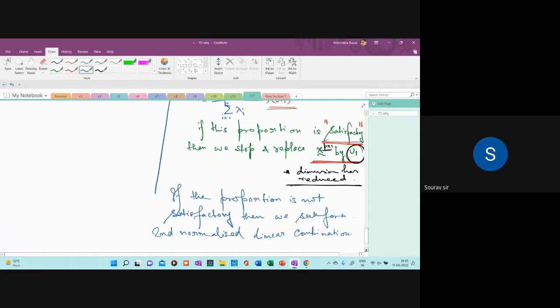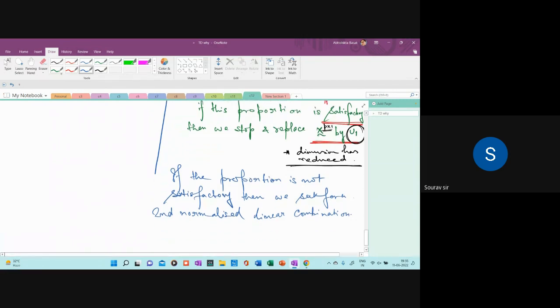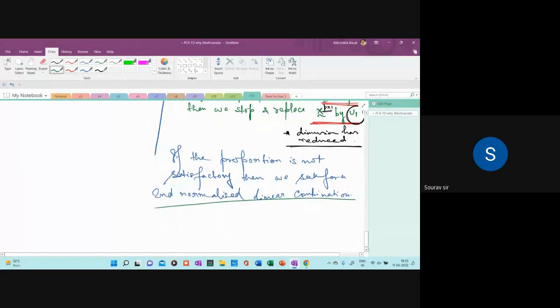If you have seen very carefully, I have not mentioned the name u2, because I just wrote second normalized linear combination. I have not checked the second criterion.